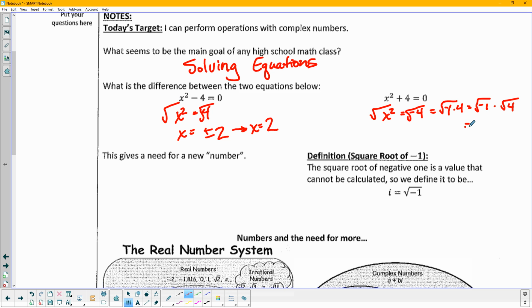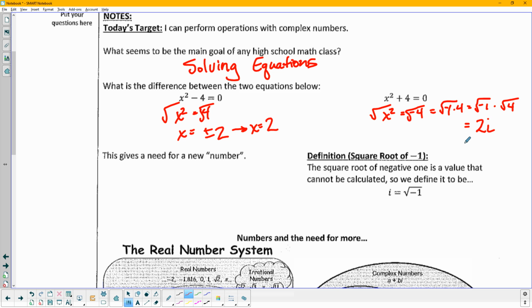Square root of 4, again, thinking of the principal square root as just the positive one. I could talk about positives and negatives, that's not a bad thing to do, but it's also not always 100% necessary. And then I have this square root of negative 1 idea. Well, that's just i. We're going to call that i in any math class.